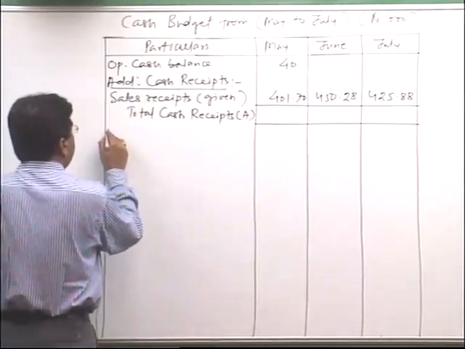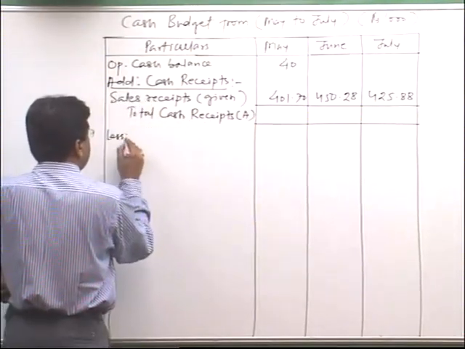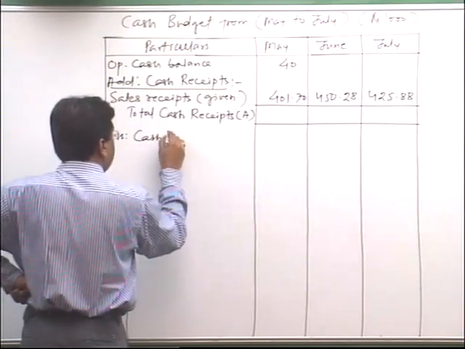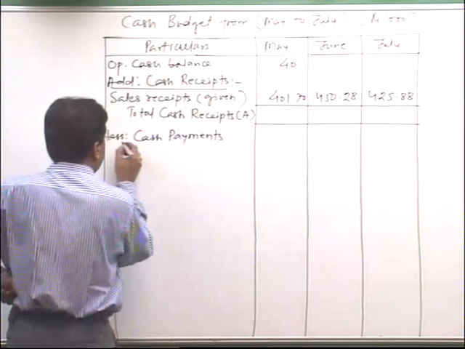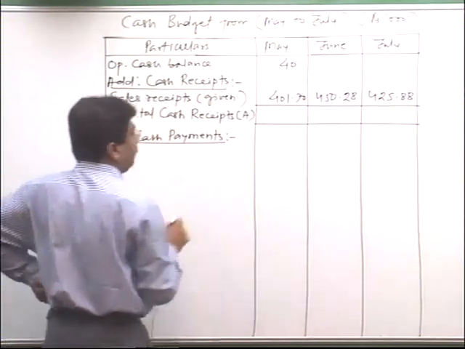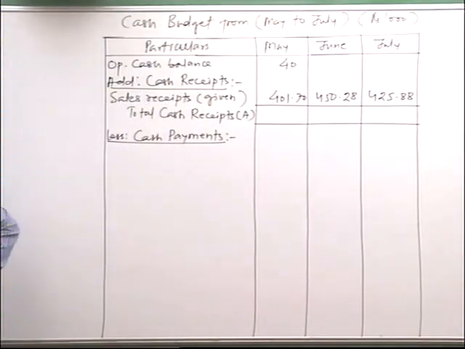Now deduct cash payments. In this sum there are 5 cash payments. First see working note 1 which we did in the last lecture.